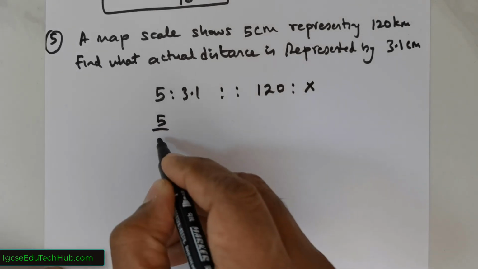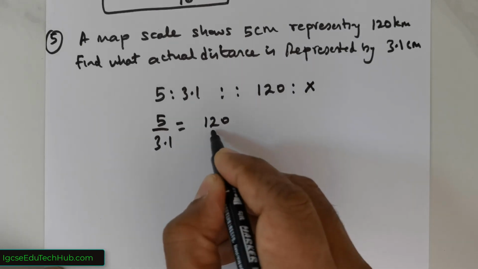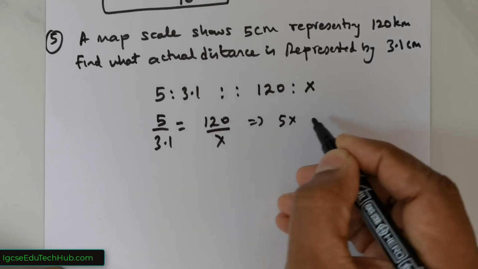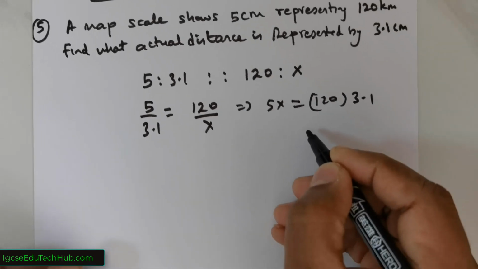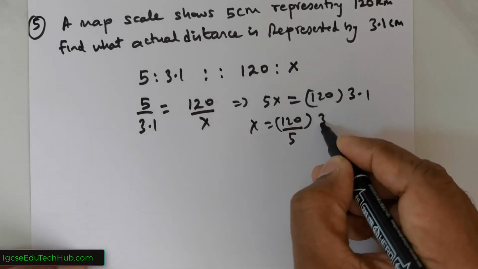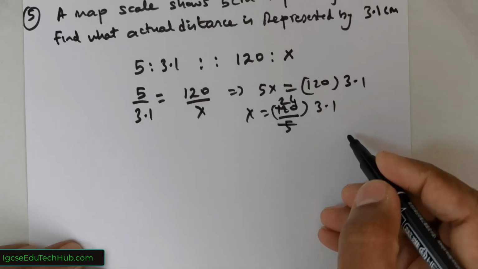So this can be rewritten as 5 over 3.1 is equal to 120 over x. So this would mean I got 5 times x is equal to 120 multiplied with 3.1. Now x is equal to 120 divided by 5 times 3.1. Now 5 divides here 2 times and 5 divides here 4 times.